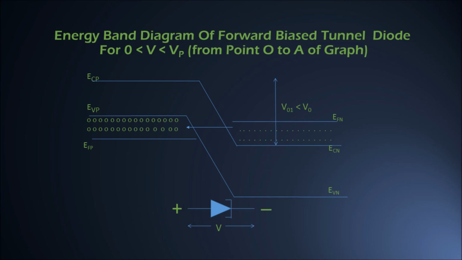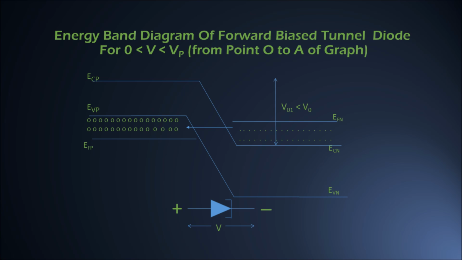As the forward voltage is increased, V0 decreases further and more electrons on the n side come in front of holes on the p side. This gives rise to an increase in the number of electrons that can tunnel through the junction. As a result, forward current goes on increasing with increase in forward voltage.